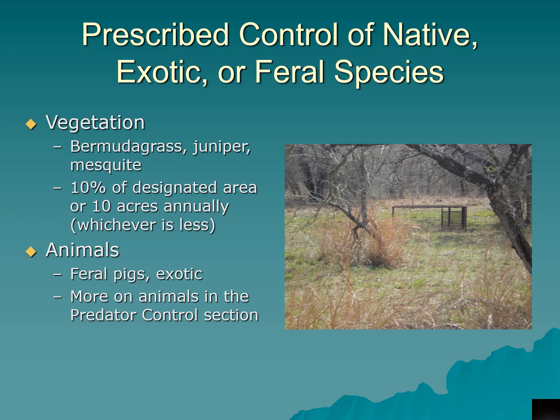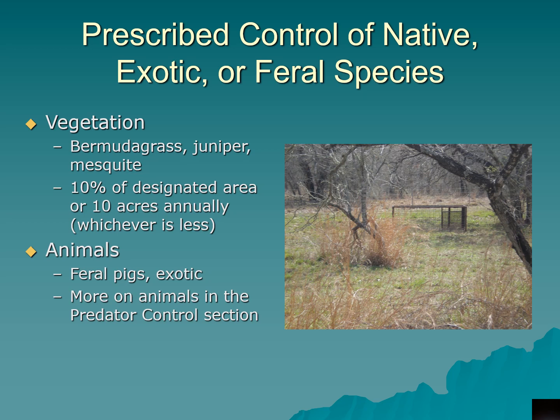Reclaiming areas that have been overtaken by exotic species such as McCartney rose and tallow tree, or by native species such as huisache, mesquite, or red cedar would fall under this category as well.